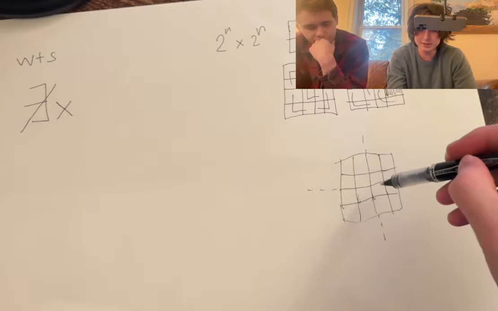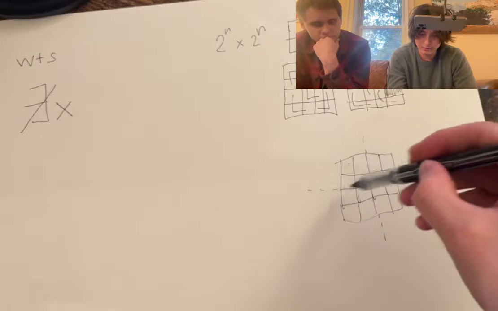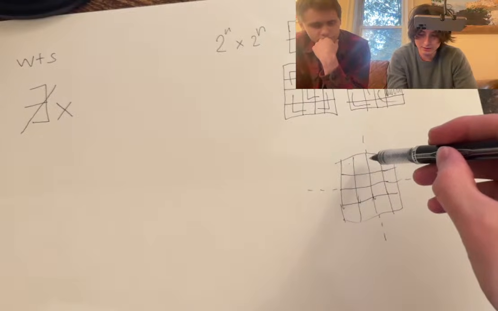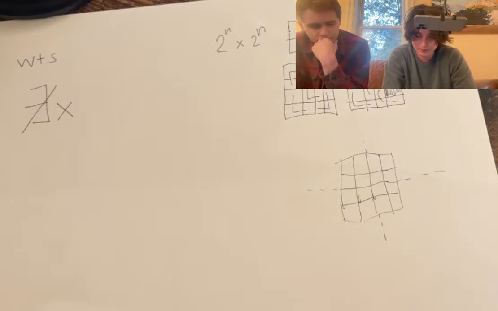Oh, I see. This is just like a recursive problem. So we put it here, and then we make the L, and then we can just fill the rest of this with, it's the same thing, with L's. Yeah.